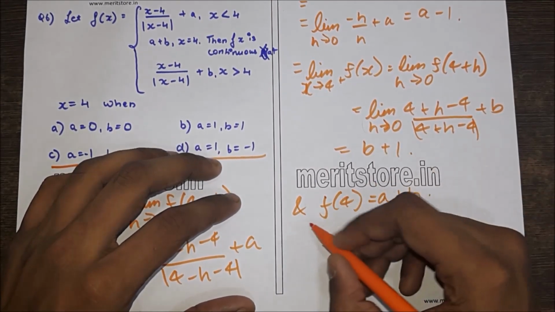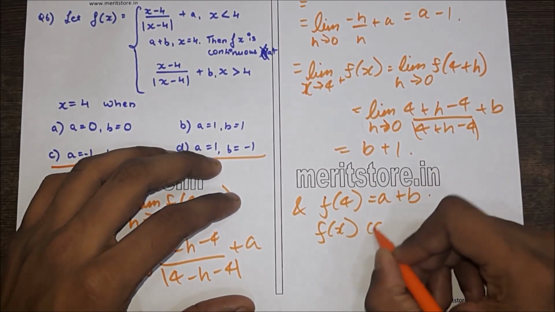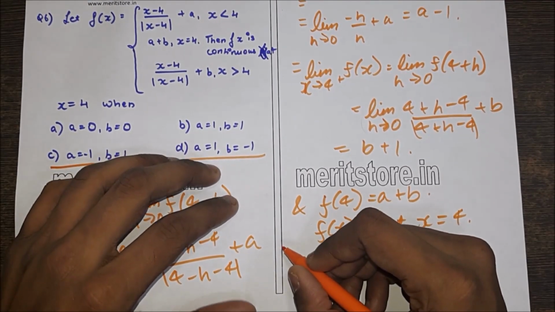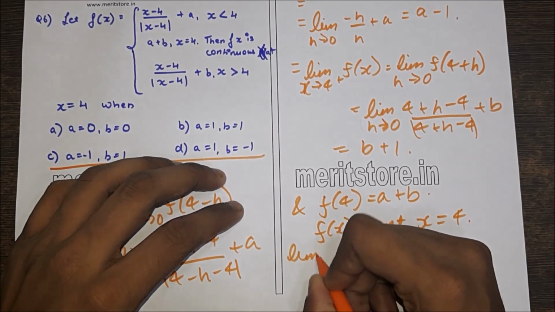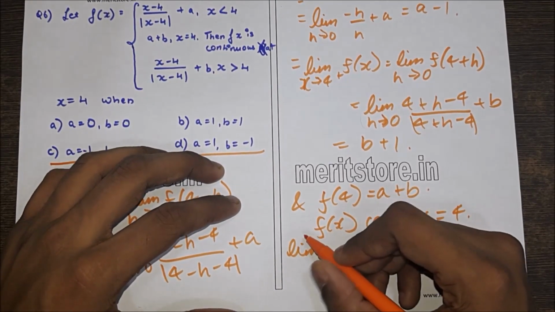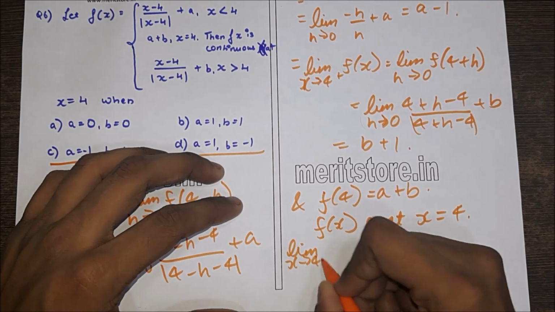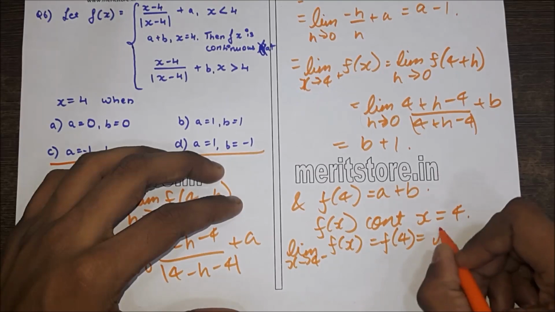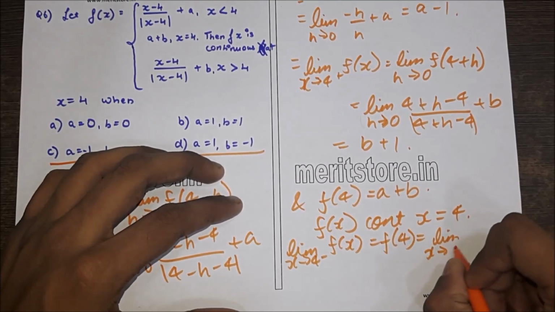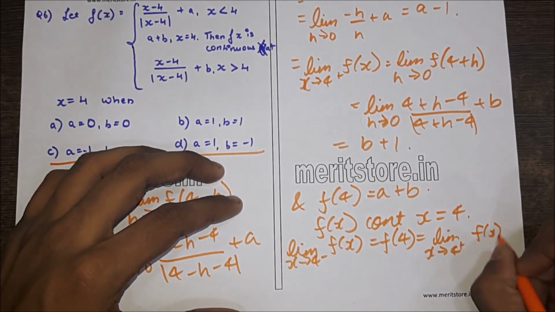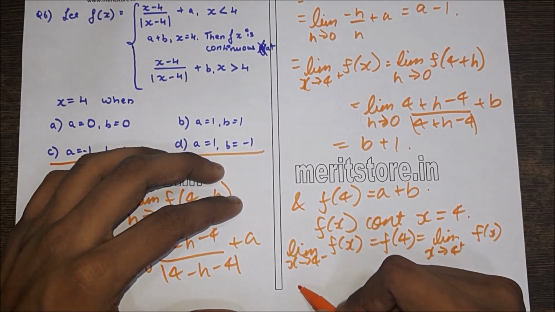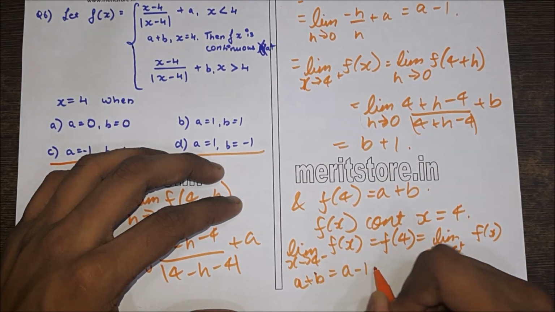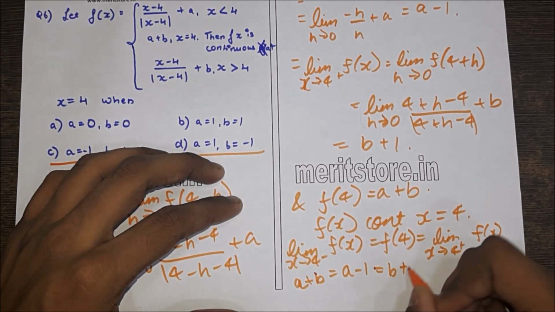Since f of x is continuous at x equal to 4, we can say the limit as x tends to 4 minus of f of x is equal to f of 4, which is equal to the limit as x tends to 4 positive of f of x, and we can write a plus b is equal to a minus 1 is equal to b plus 1.